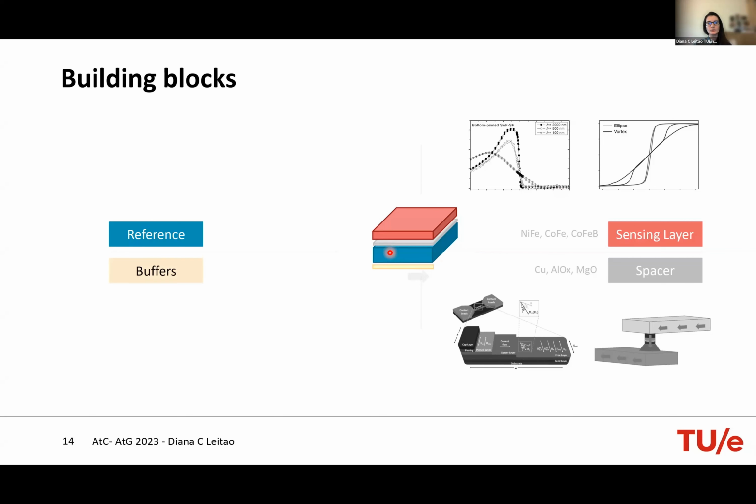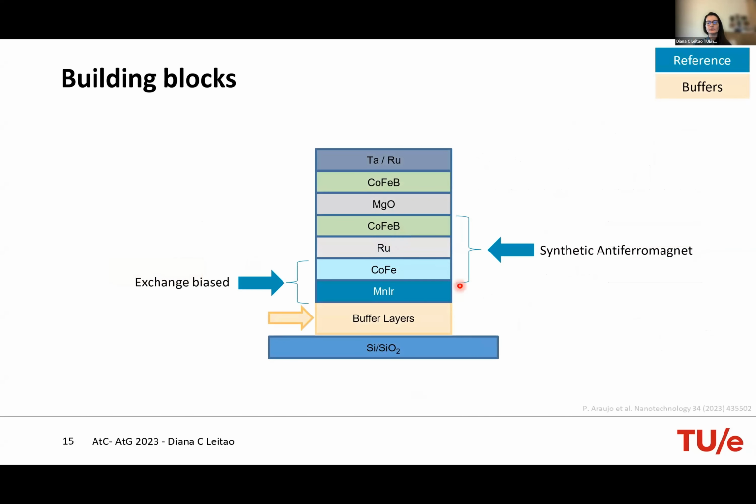Unfortunately, we cannot look into the reference without talking a bit more about what comes underneath it. Because in terms of crystallographic structure, roughness, etc., this plays a big role in the full behavior of the stack.